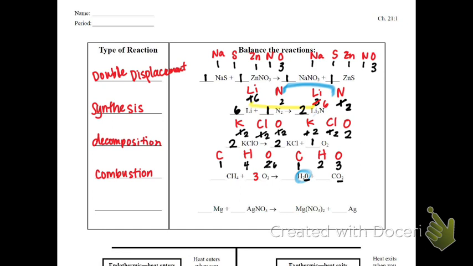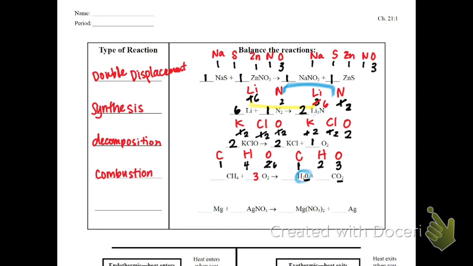Before we decide which O to put our number with, we've got C's that need to match up and H's that need to match up. Which one definitely needs a number? The H's. So how many H's? If there's 4 over here, what number do we need for this H2?